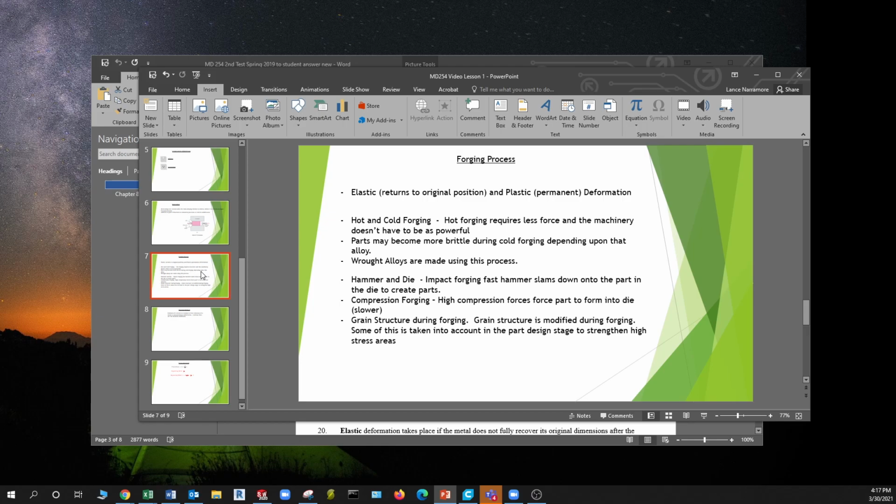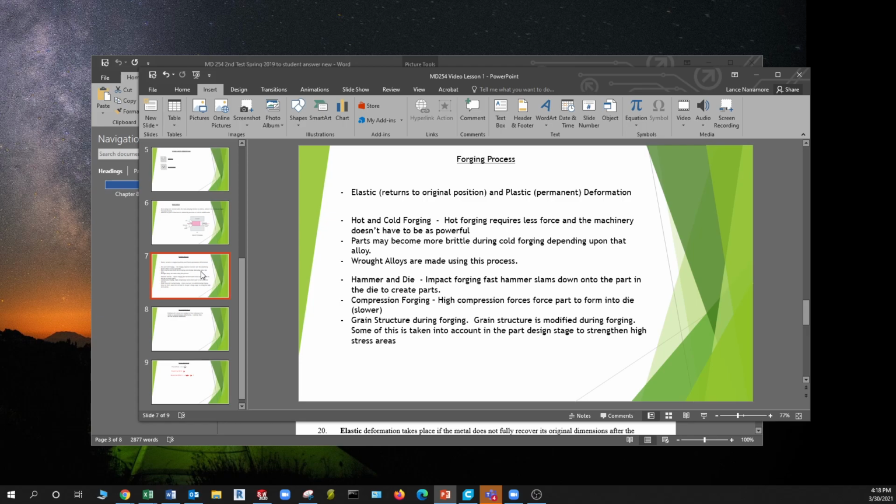The grains were kind of able to move around a little bit more, whereas in a cold forging situation, you're just deforming the grain structure you have and compressing that grain structure and taking up the slip deformation defects and filling those up to the point where the part becomes brittle.